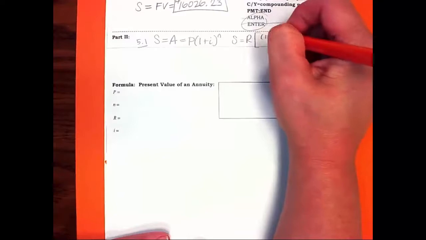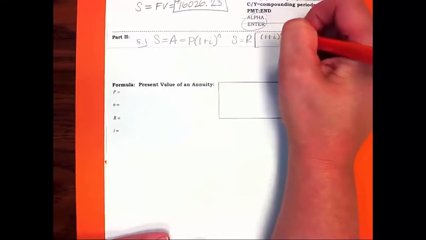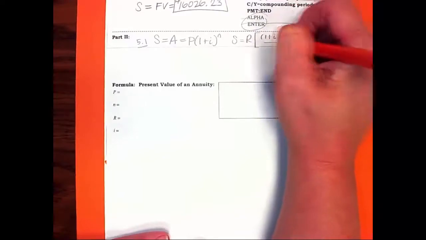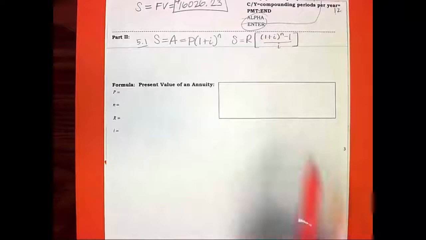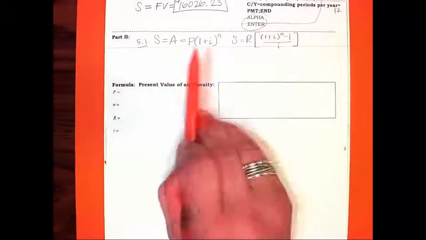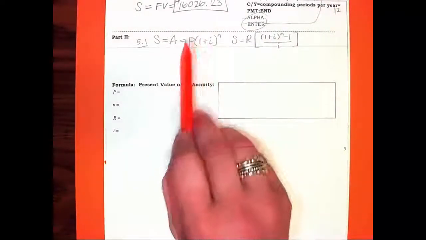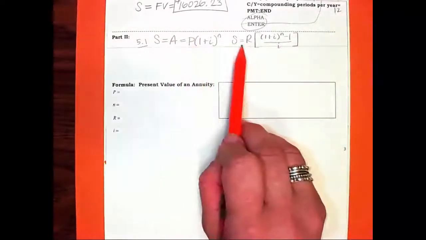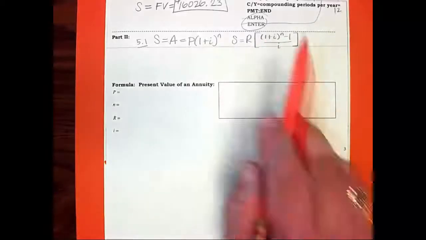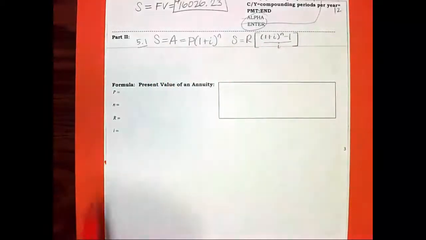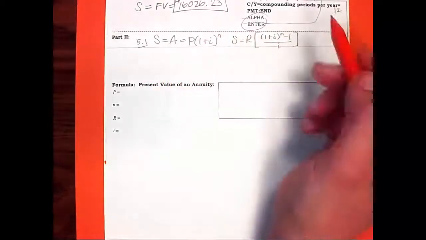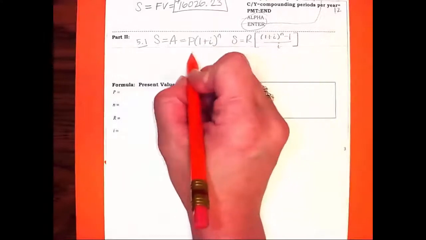And those were compounded each compounding period. So this is an accumulated amount with a lump sum, and then this is an accumulated amount with payments. So they're both accumulated amounts, and so we're going to set these two things equal to each other.